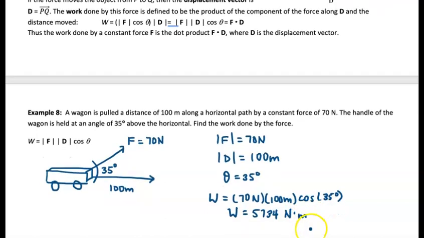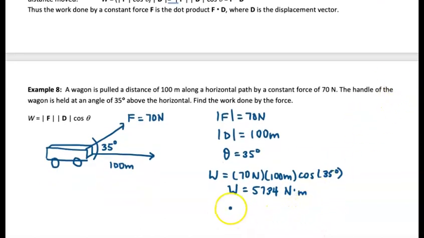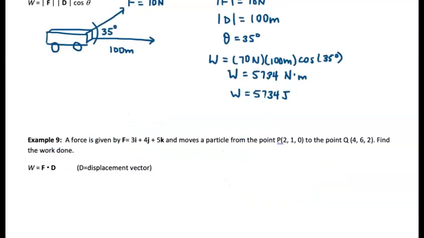And what is a Newton meter? Yes, it is joules. So the work is 5,734 joules. A joule is just what we call a Newton times a meter because it's the common unit for work. All right, example 9.